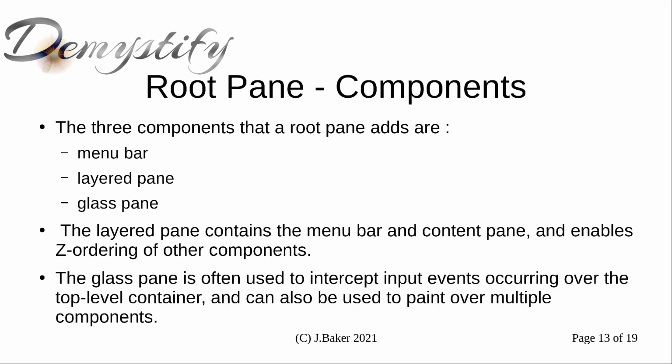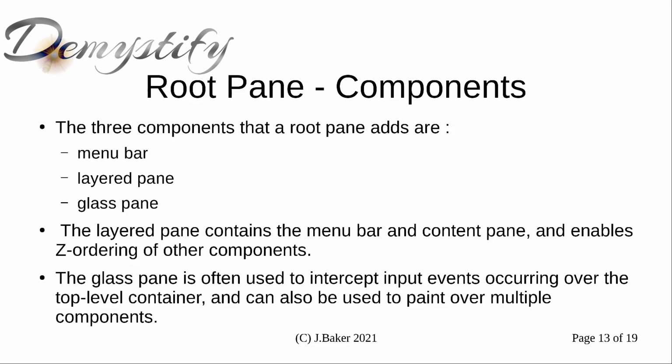So there are three main components: the menu bar, a layered pane, and a glass pane. The layered pane contains the menu bar and the content pane and enables Z ordering of the other components.